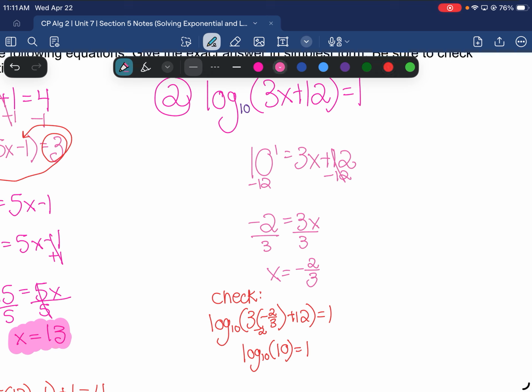I got negative 2/3. Whoops. But when I plugged it back in, I got log base 10 of 10 is 1. 10 to the first is 10.